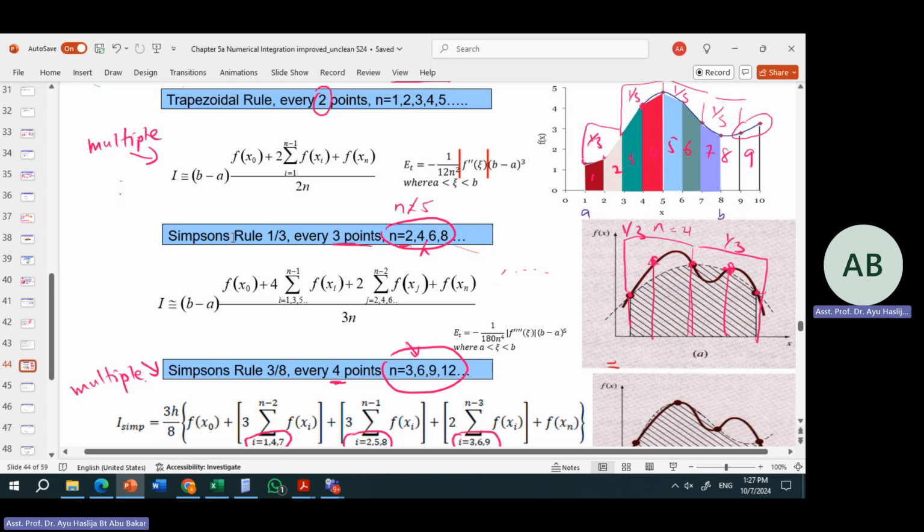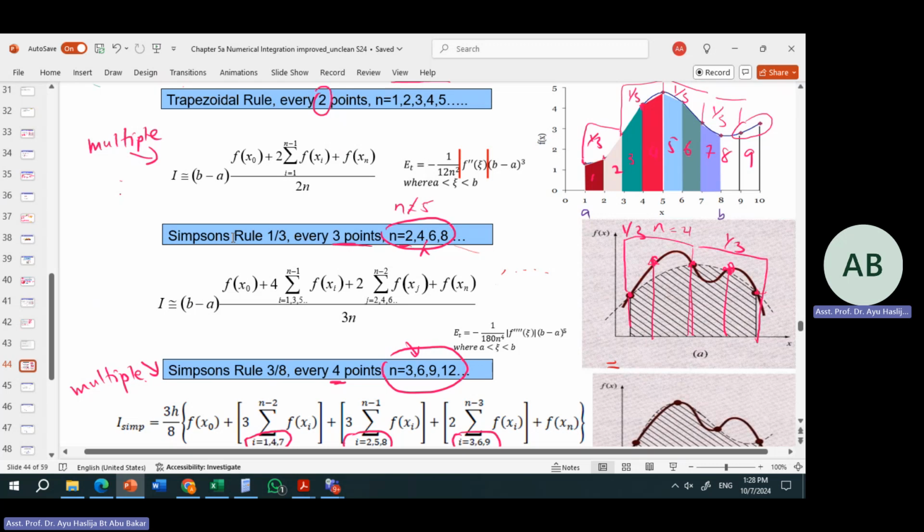Last point? More points. It depends. More points, yeah. Because Simpson 1/3 and 3/8 have their own rules, so it is limited.